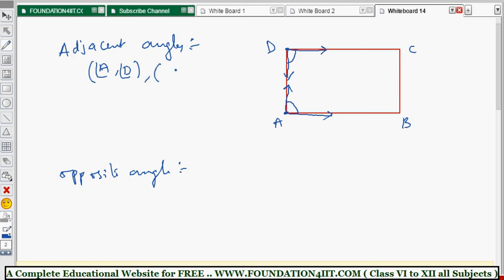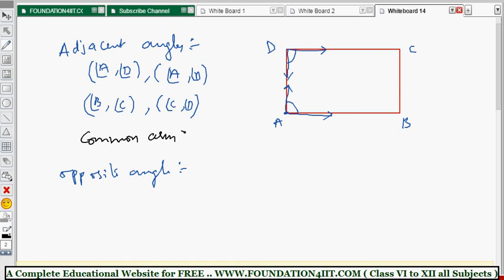Similarly, angle A and angle B, because AB is the common arm, and angle B and angle C are adjacent angles, and angle C and angle D are adjacent angles. So only one thing, there should be a common arm, a common side.